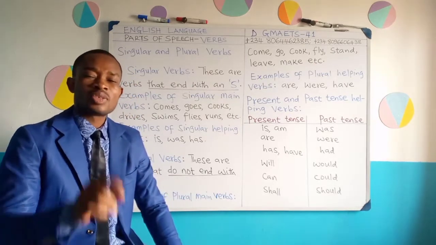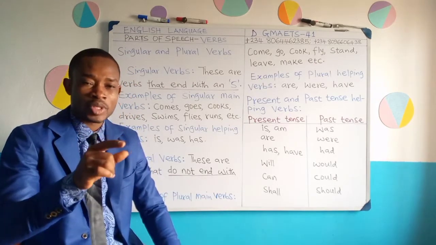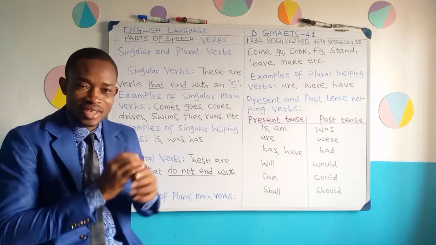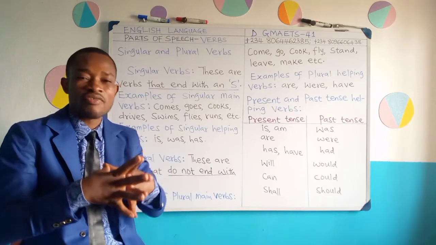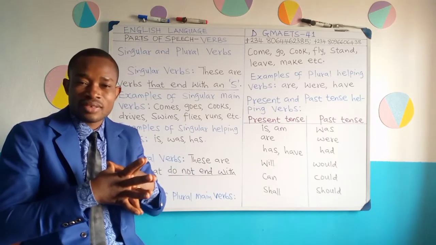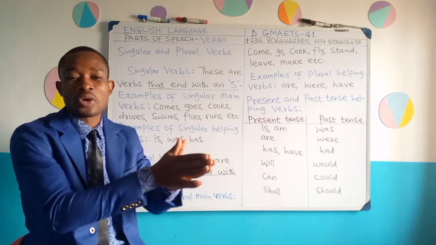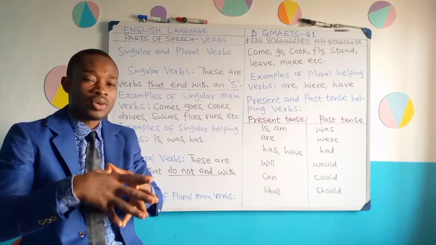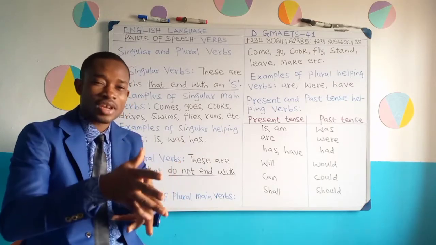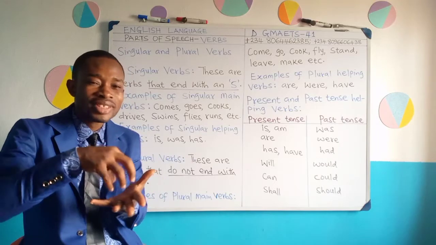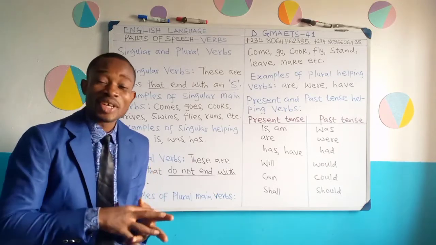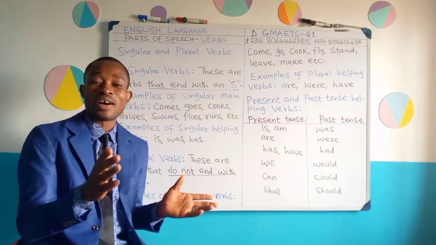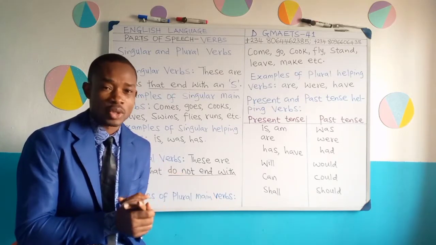Now when you're talking about plural helping verbs, please let me say this. It is primary auxiliary verbs that usually have plural form and singular form when you are talking about auxiliary verbs. When you come to modal auxiliary, we don't talk about singular or plural modal auxiliary verbs. Please take note.